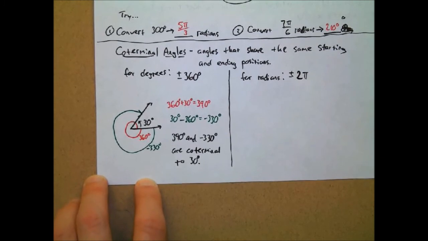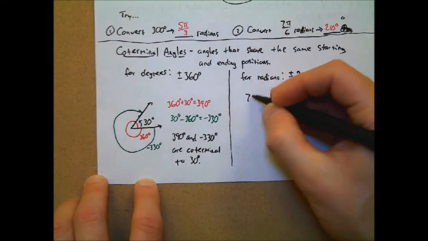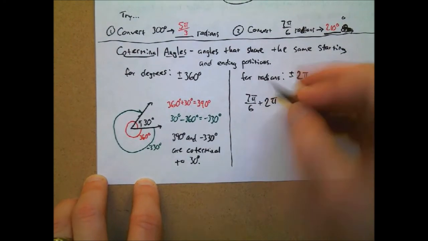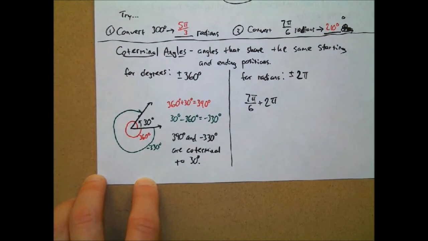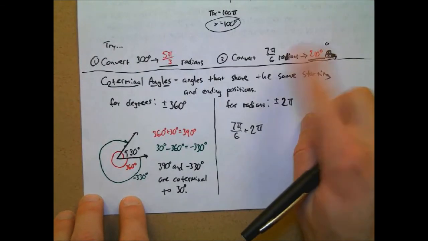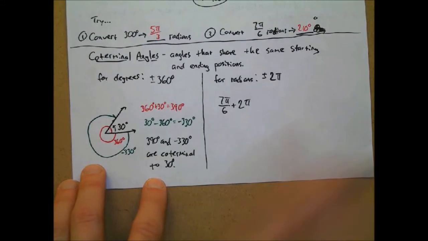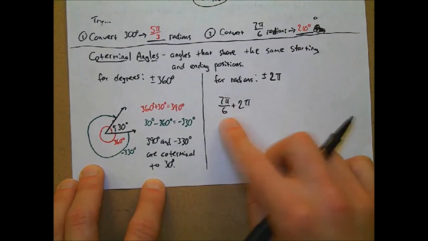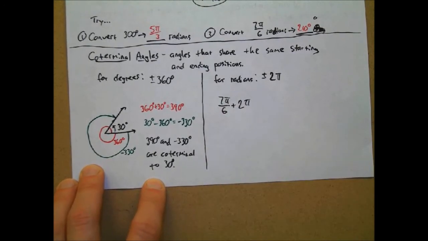Okay. So you could just add, for example, to 7 pi over 6. 7 pi over 6, which we know is the same as 210 degrees, right? We converted that earlier. We can take 7 pi over 6 and add 2 pi to it. Of course, to add 2 pi to this, can we add these right as they're written right now? No. Yeah, we need common denominators, don't we?